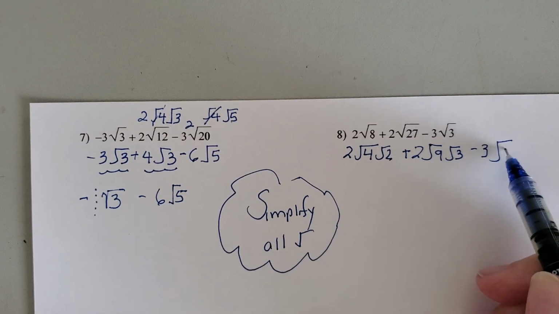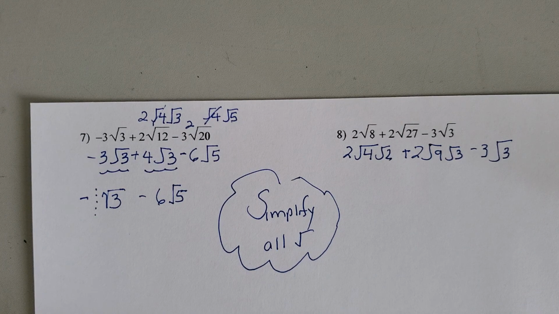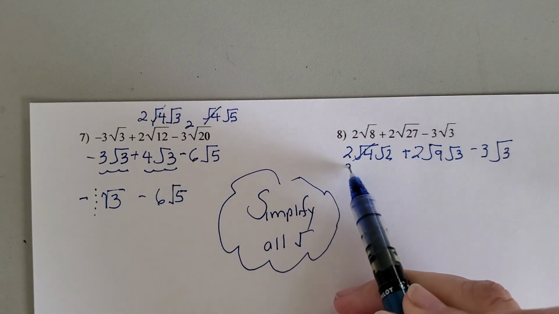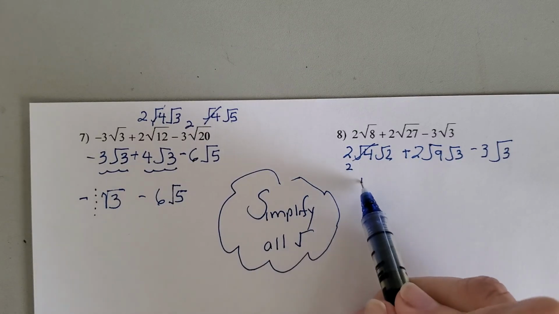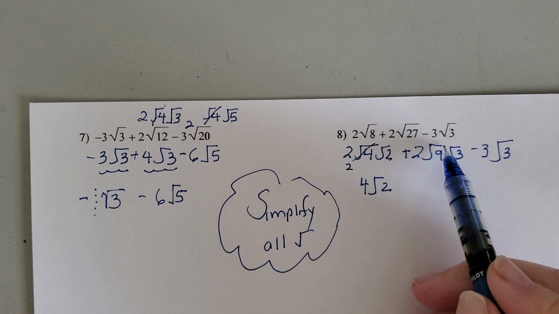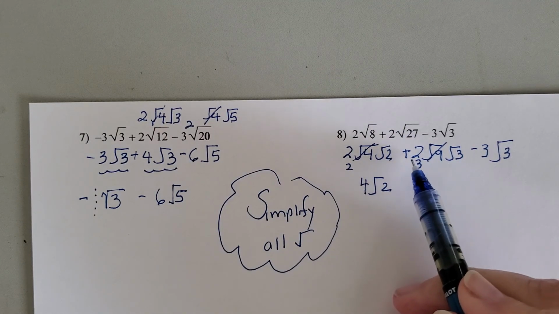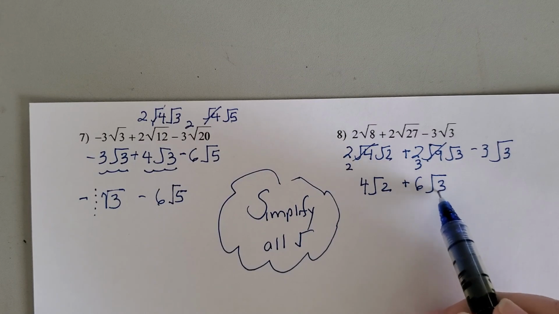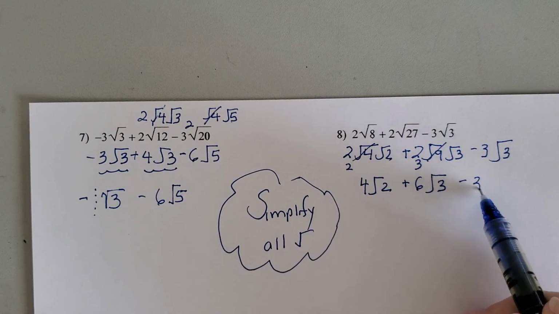Radical 3 we can't do anything with. Okay. If we go ahead and simplify, the square root of 4 is 2. So we have 2 times 2, 4, radical 2. Square root of 9 is 3. So we have 2 times 3, +6, radical 3. And nothing to simplify here.